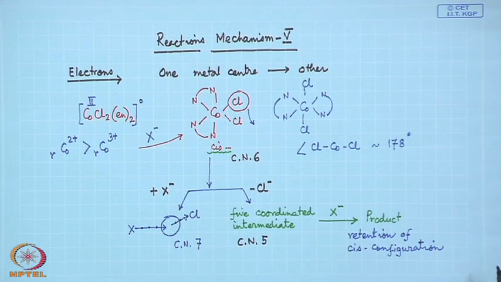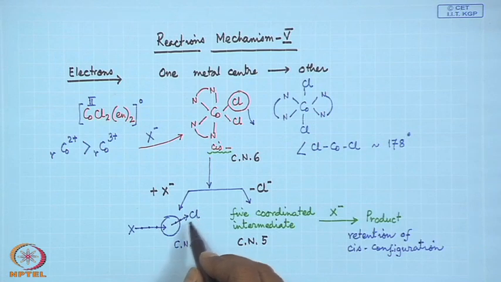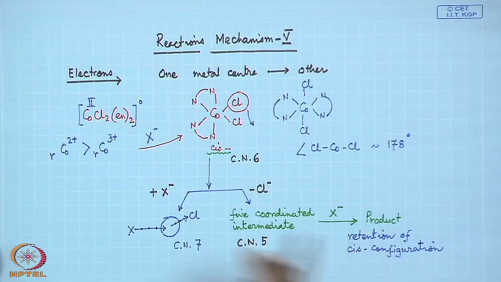When we have this intermediate, whether it is a square pyramidal one or a trigonal bipyramidal one, the site where Cl has been removed is simply occupied by the incoming X minus to give the original cis configuration, and it is not going to any other configuration like the trans one.